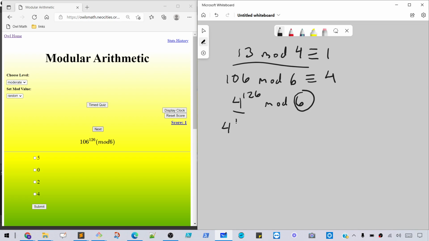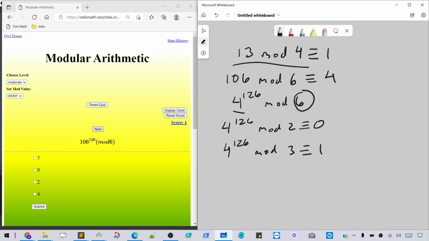We could separate this and say 4 to the 126 mod 2 is congruent to 0, because 2 divides 4, so 4 is 0 mod 2. It doesn't matter what the exponent is. But then we can also look at 4 to the 126 mod 3, and that's just going to be congruent to 1. 4 mod 3 is 1, and so 1 raised to anything is 1.